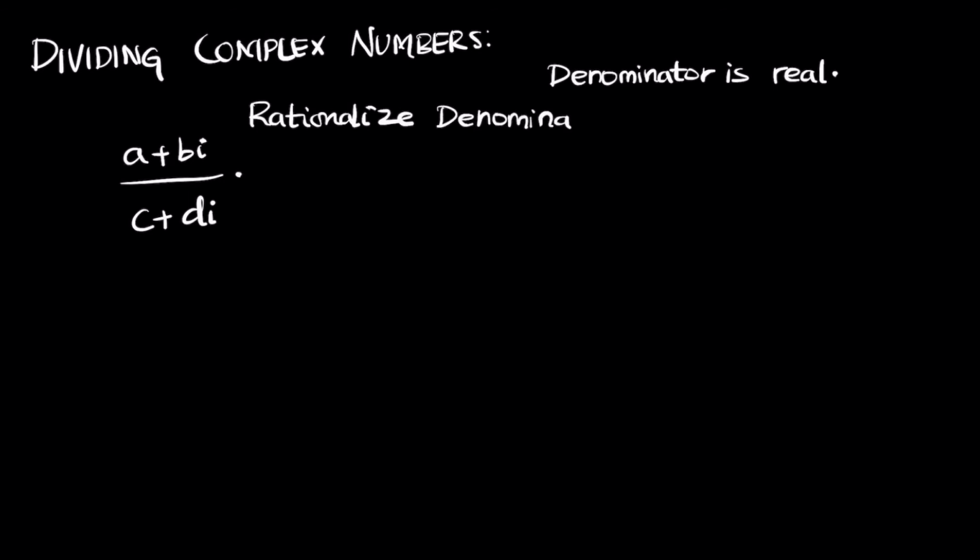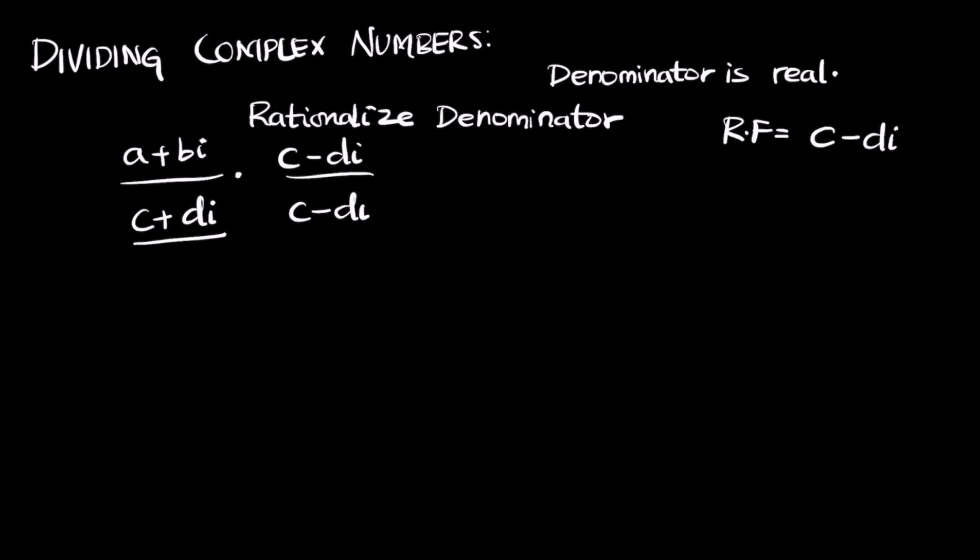Remember, rationalization needs a factor that we multiply by, which is the rationalizing factor. The rationalizing factor just means you change the sign in the middle. So for c plus di, the rationalizing factor is c minus di. So you multiply numerator and denominator by c minus di, and that rationalizes the denominator. Let's try an example.